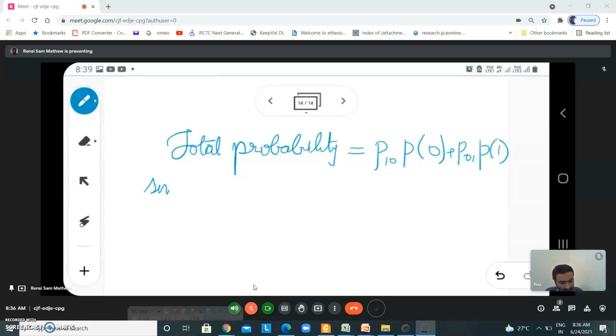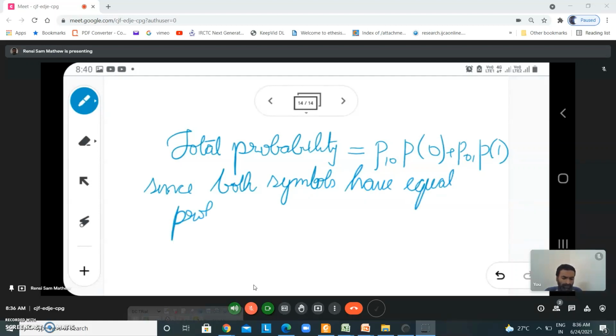Since both symbols have equal probability, I can say P of 0 equals P of 1 equals 1 by 2.